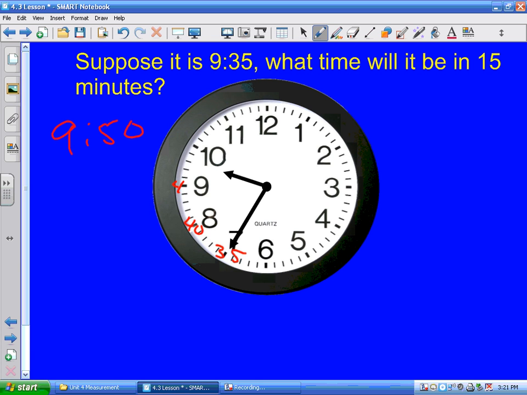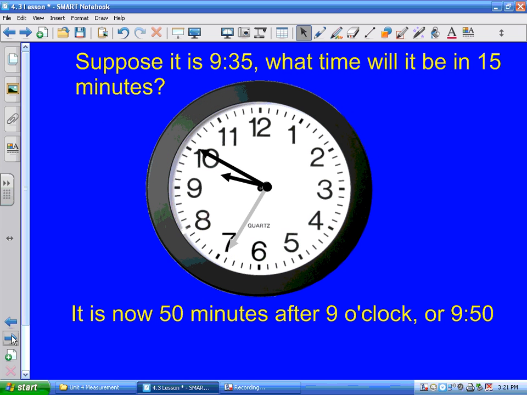So there's 40, 45, 50. And it says 15 minutes. There's 5 minutes, 10 minutes, 15 minutes. So, is he correct? Yes, he is. 9:45 would only be 10 minutes after, right? There's 5, 10, and it says here 15. So it is now 50 minutes after 9 o'clock, or 9:50.